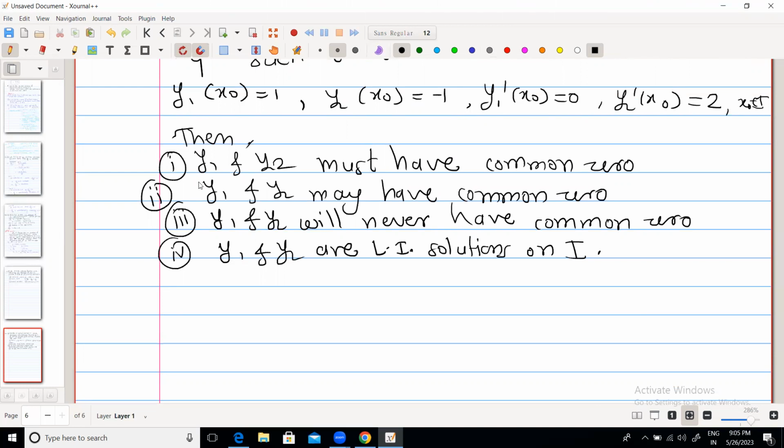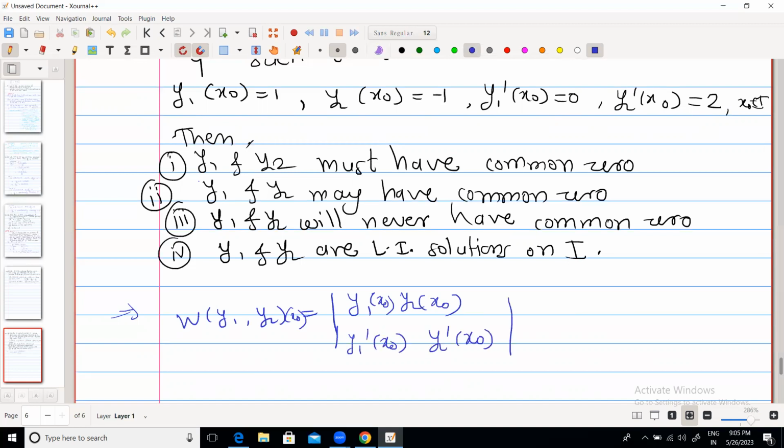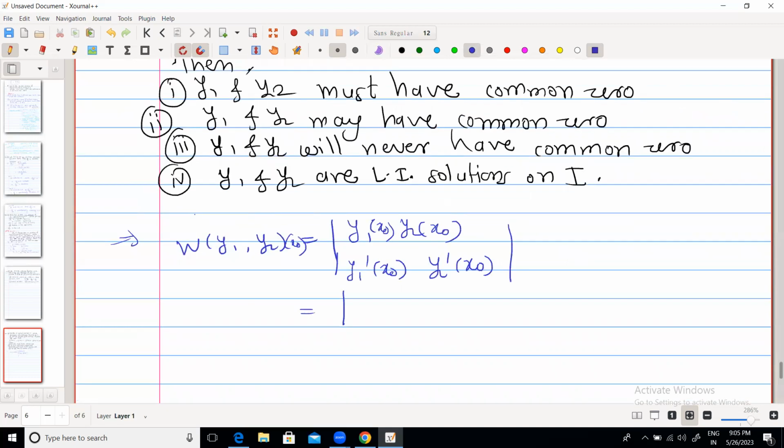So Wronskian of y1 comma y2 at x naught is y1 of x naught, y2 of x naught, y1 dash of x naught, y2 dash of x naught. काय काय दिलेले आहेत: y1 1, -1, 0, 2.